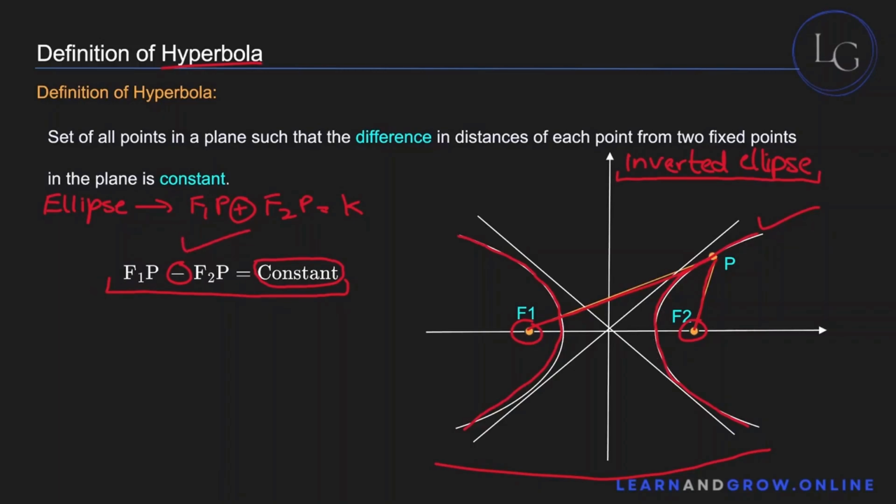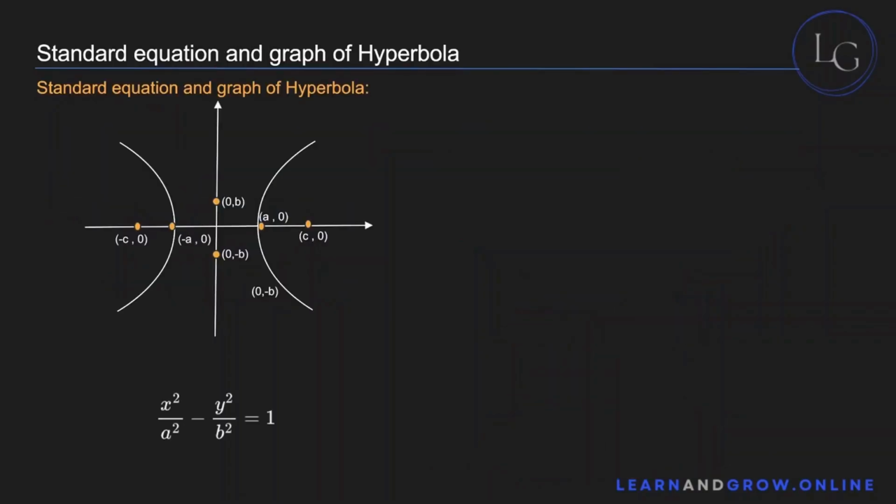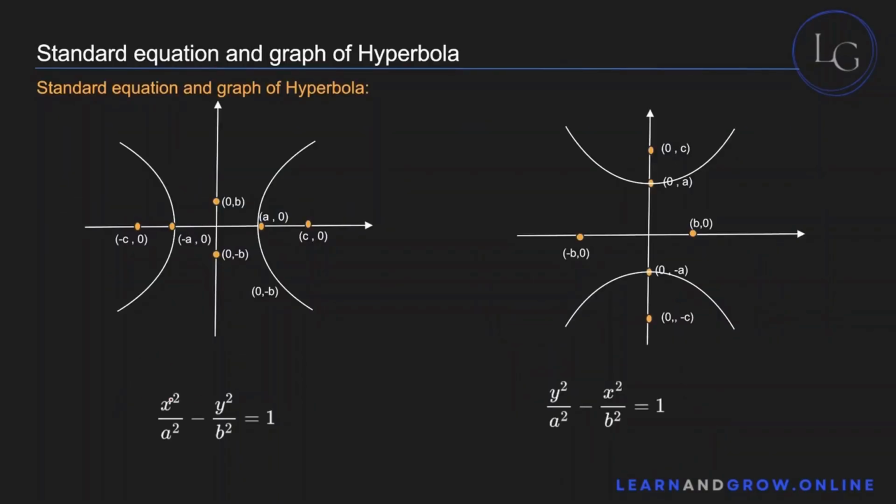Now let's dive deeper into the equation of a hyperbola. Now these are 2 possible cases. Similar to an ellipse, which also had 2 possible cases, this has 2 possible cases as well, right? Now let's take the first one as an example, and all of the rules over here will apply to the second one as well. Now you see this equation. Well, here's the thing.